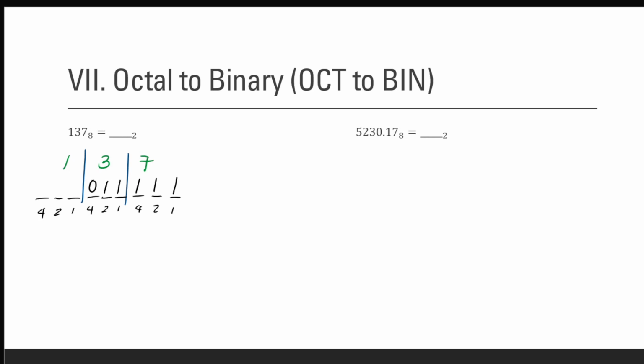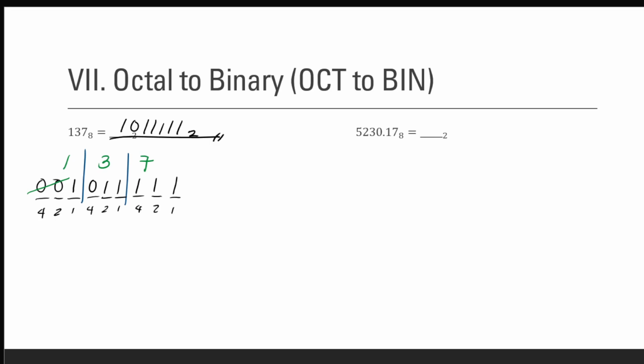Of course, 0 si 4. Then for 1, 1, then 0, 0. So our answer, we can drop the insignificant zeros, yung nasa pinaka-leftmost natin. So, ayan, wala na yan. Therefore, our answer is 1, 0, 1, 1, 1, 1, 1, base 2. Ayan, so this is our answer for our example number 1.